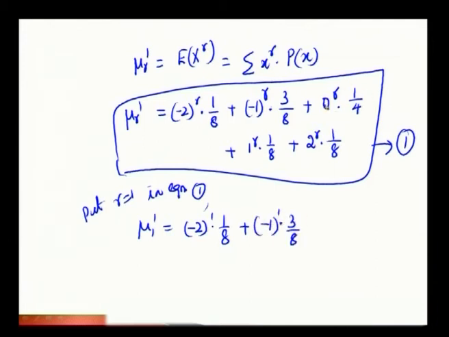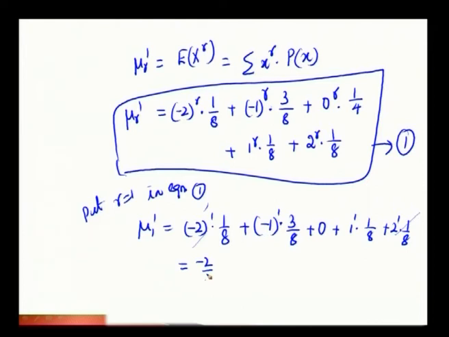The third term is 0, plus 1 power 1 into 1 by 8 plus 2 power 1 into 1 by 8. Simplifying it, this one gets cancelled, minus 3 plus 1 is minus 2 by 8.